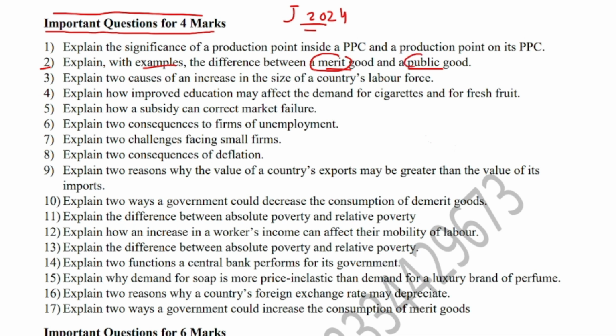And public goods are the goods that are non-excludable and non-rival, meaning everyone is allowed to use them, and if it is used by one person, then benefits of all others who are already using them will not decrease. Such as you can talk about street light or lighthouse.